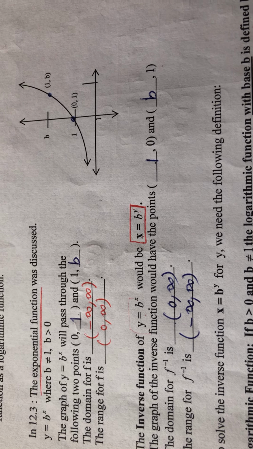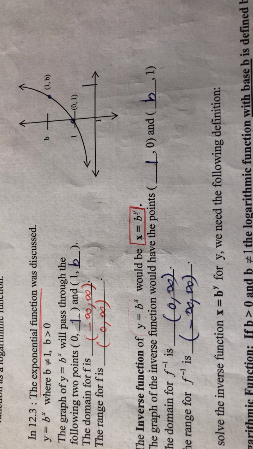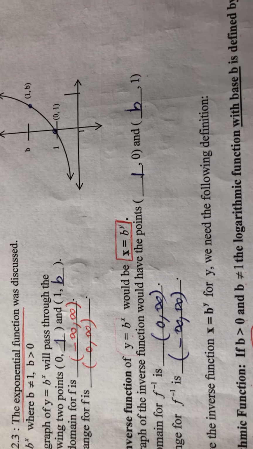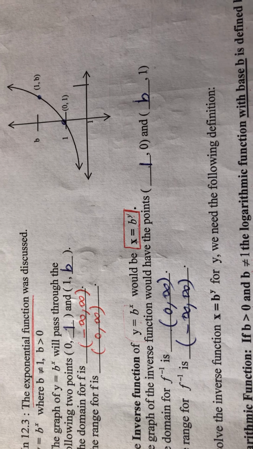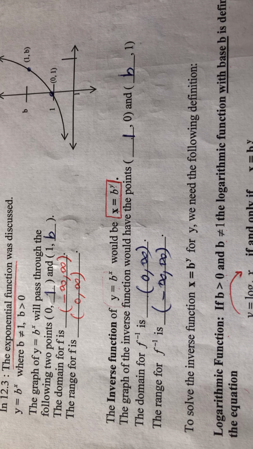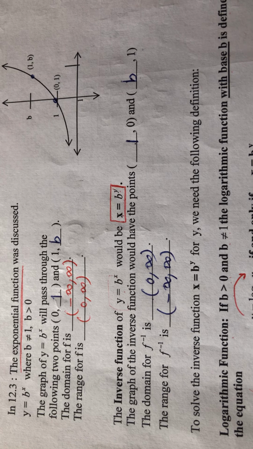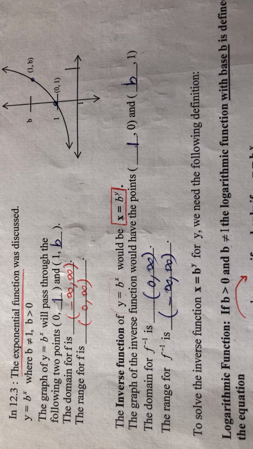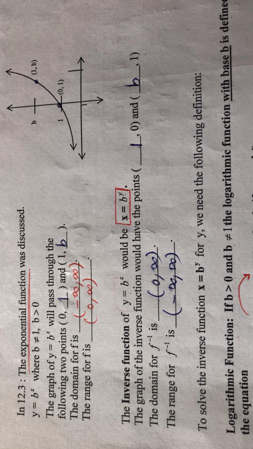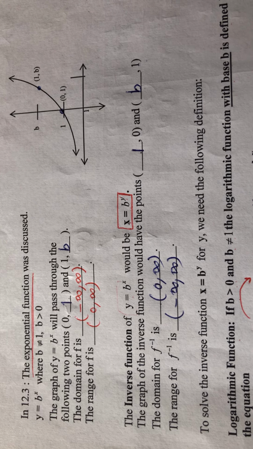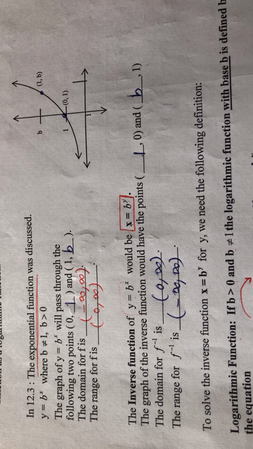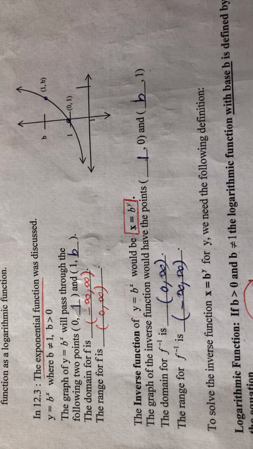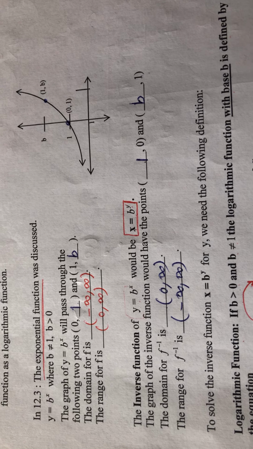The graph of y equals b to the power x will pass through the following 2 points, (0, 1) and (1, b). The domain for f is minus infinity to infinity, and the range of f is 0 to infinity. So this is the exponential function, discussed in section 12.3.